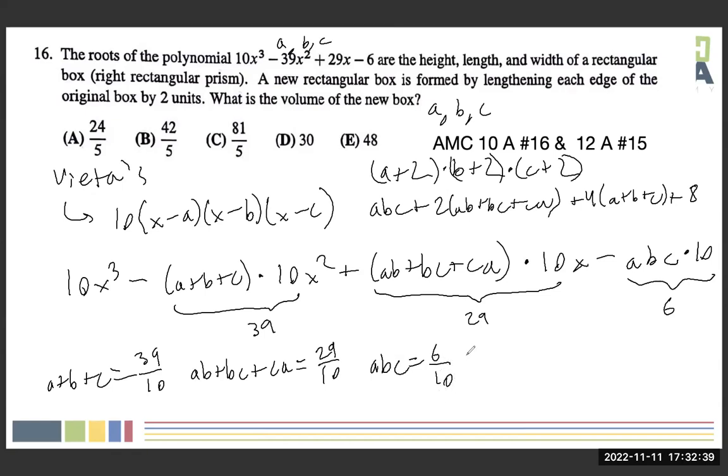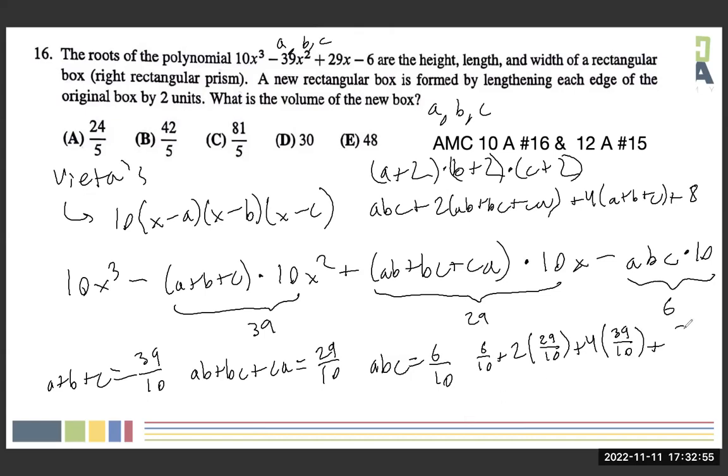Which basically means that our answer is just going to be 6 over 10, plus 2 times 29 over 10, plus 4 times 39 over 10, plus 8.